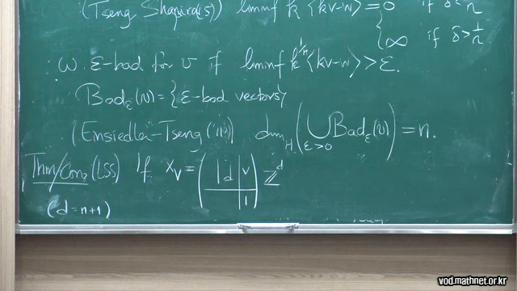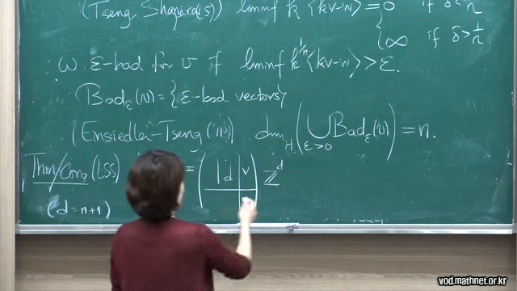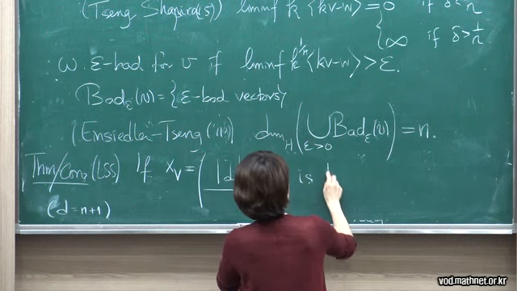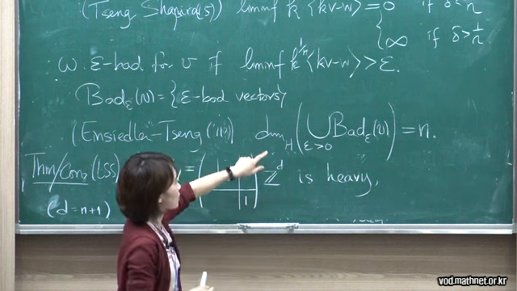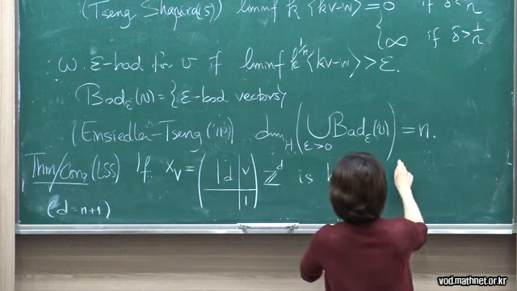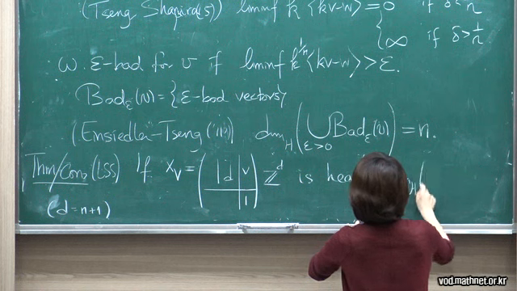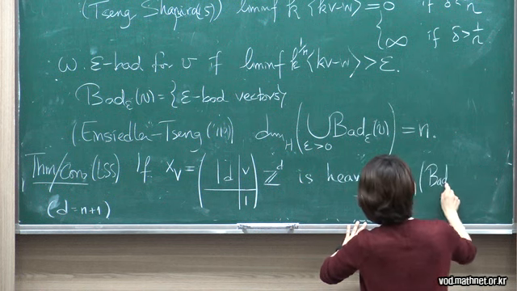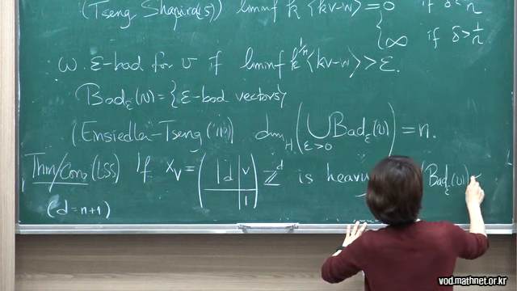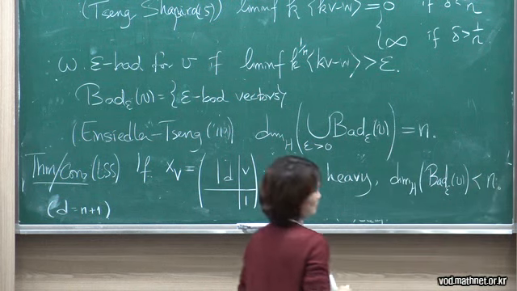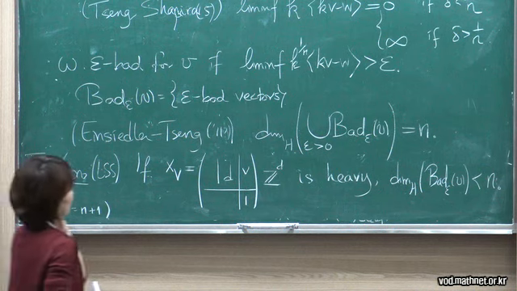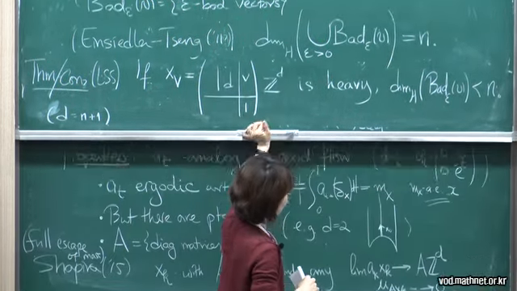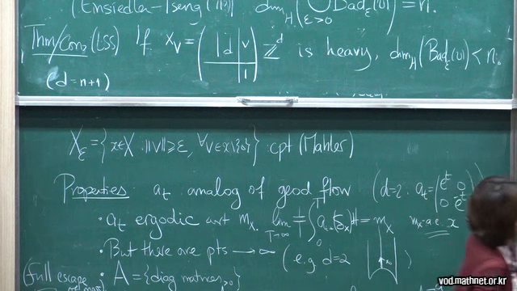V is a vector in Rn. If xV is heavy, then this is true, and otherwise false. So the Hausdorff dimension for fixed epsilon of V is less than full. So let's see how to get there using Theorem 1.